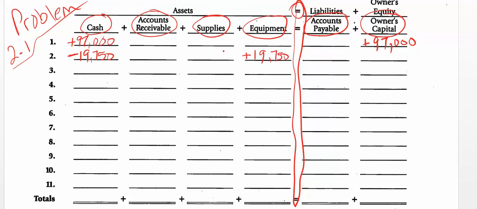Okay. Number 3, we purchased additional equipment for $14,400 on credit. That means we didn't pay cash immediately. We're going to owe that company later. So we are going to add equipment, $14,400.